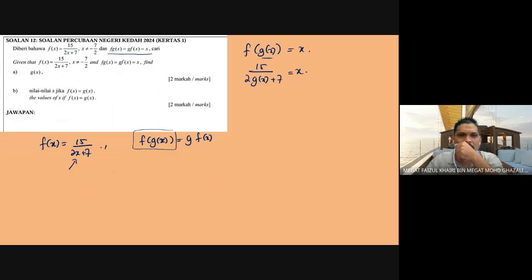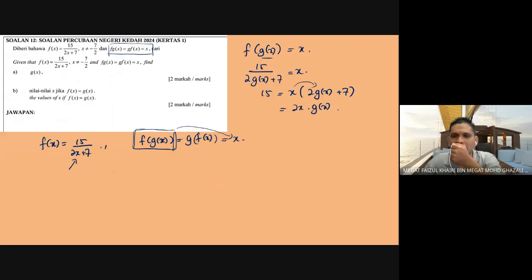From this statement, he wrote f(g(x)) equals g(f(x)), which is also equal to x, so I'll take half of it and make it equal to x. So from here, 15 divided by 2g(x) plus 7 equals x. Then x times 2g(x) plus 7x.